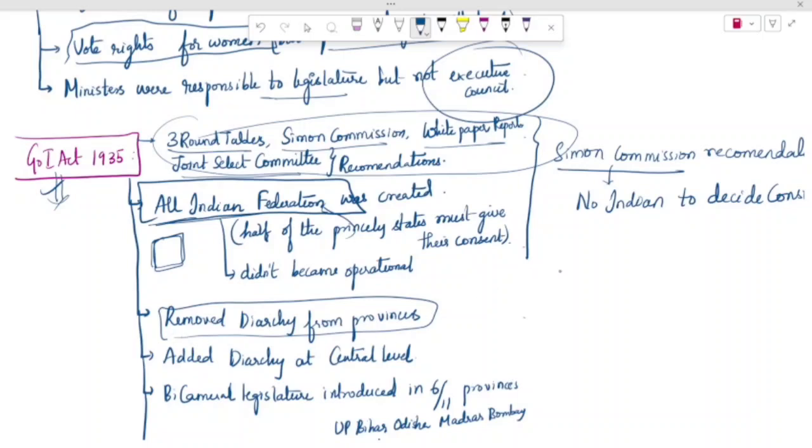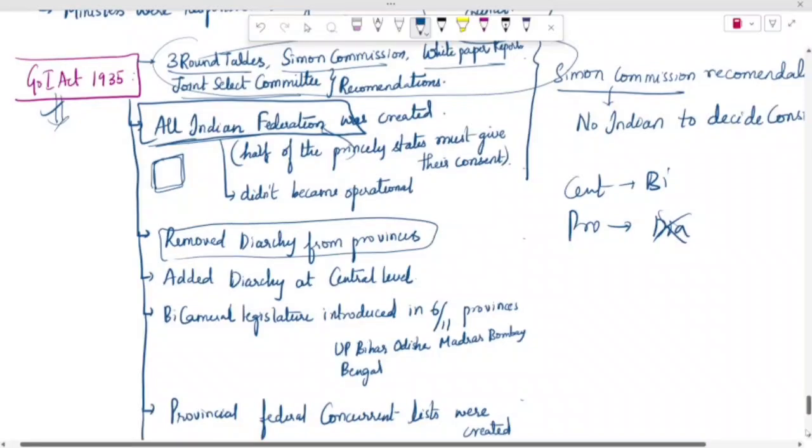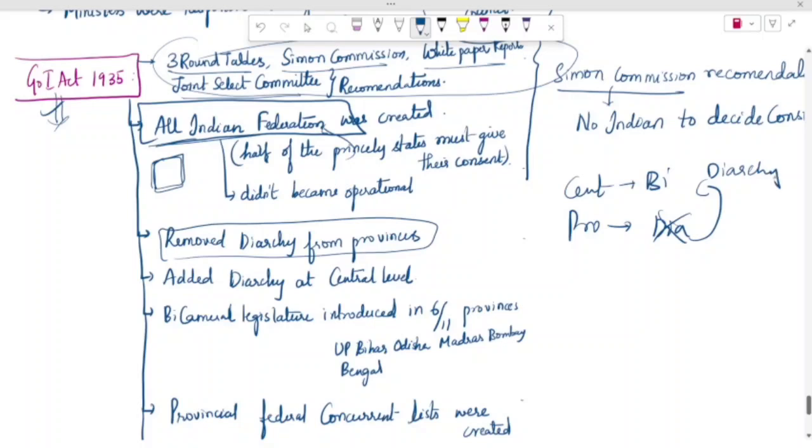So previously at the central level, a bicameral legislature was there, and at the provincial level they had introduced diarchy. Now this diarchy was removed by the 1935 Government of India Act, and they have added diarchy at the central level. So they have removed diarchy at the provincial level, and added diarchy at the central level.